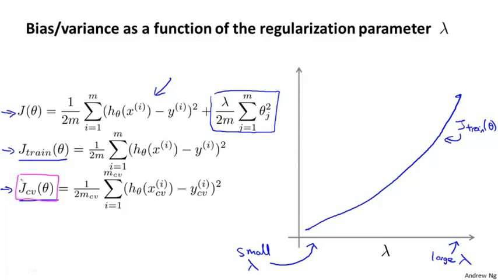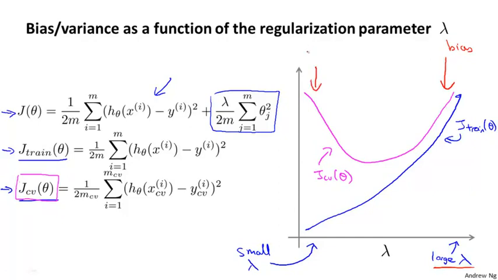As for the cross-validation error, we end up with a figure like this, where over here on the right, if we have a large value of lambda, we may end up underfitting, and so this is the bias regime, so the cross-validation error will be high. Let me just label that, so that's J CV of theta, because with high bias we won't be doing well on the cross-validation set.